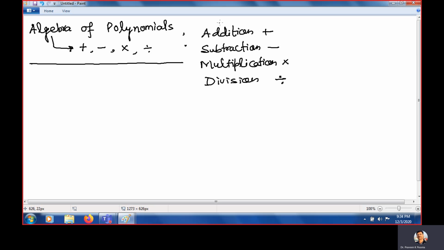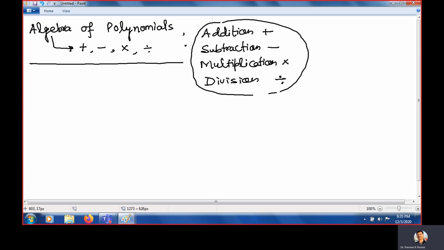So we are going to study these 4 symbols on polynomials. How to add 2 polynomials, how to subtract 2 polynomials, how to multiply 2 polynomials, and how to divide 2 polynomials. So in this lecture now we are going to learn all these 4 things over polynomials.